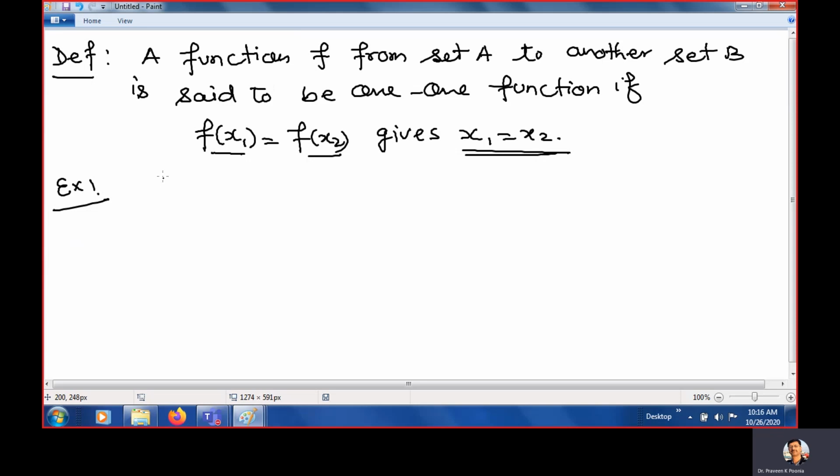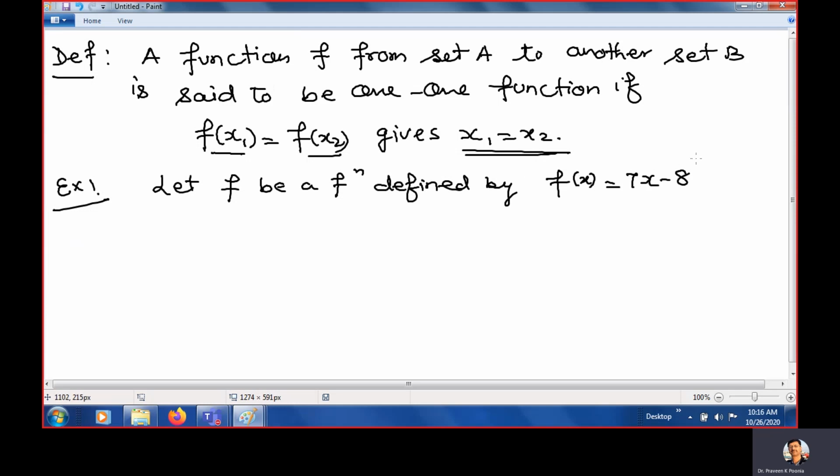For example, we will take 2-3 examples here. Example number 1, let f be a function defined by f(x) equals to 7x minus 8. Clear? Prove that f is 1-1.